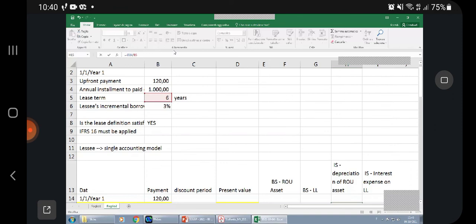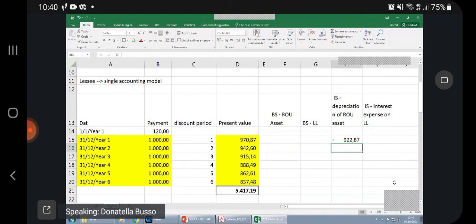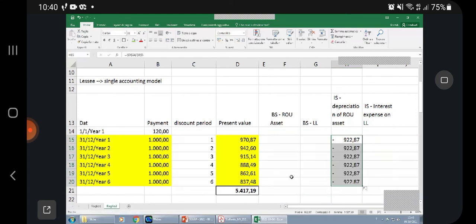Without changes in the useful life and so on, as you can imagine, the depreciation remains the same for all the 6 years, if the lease contract is not modified, if the company continues to use the building as originally intended.